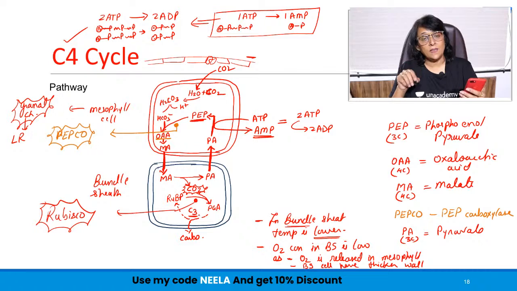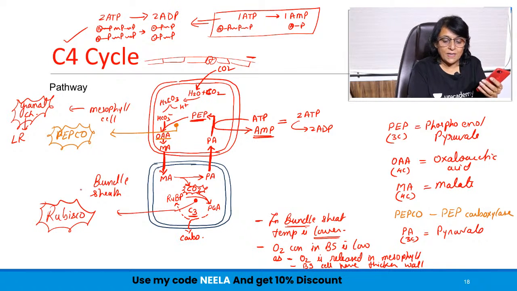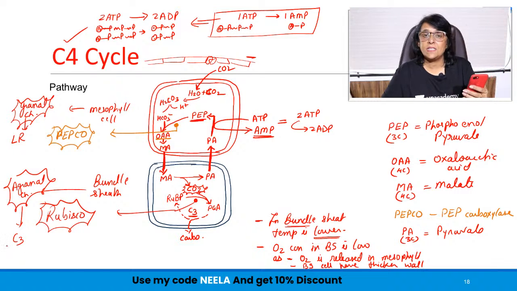And for the C3 cycle or dark reaction to take place, you have to have chloroplast there. Only the dark reaction has to take place, so you don't need granal chloroplast. So in bundle sheath cells, only agranal chloroplasts are there, and what happens in an agranal chloroplast is only the C3 cycle.